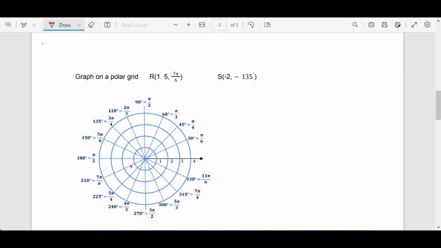And then we got (-2, -135). -135, we're going backwards over here. So -135 would be right here. And it's -2, so if -135 is right here, it's going the opposite direction. So it'll be right here. 1, 2, right here. There you have it.